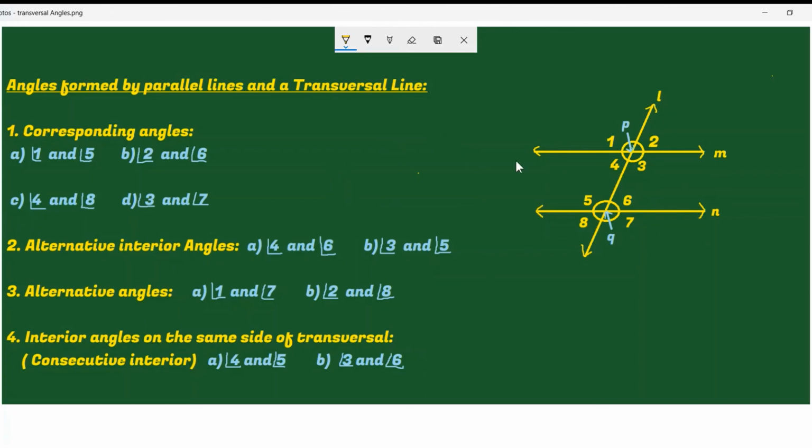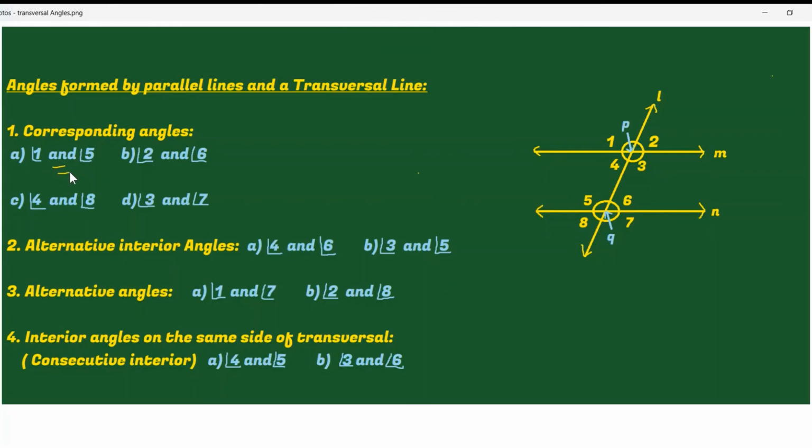For example, we'll take M and N to be parallel to each other. Then let's see how these angles will be. If two lines are parallel, that means M and N are parallel, then the corresponding angles formed by the transversal would be equal.